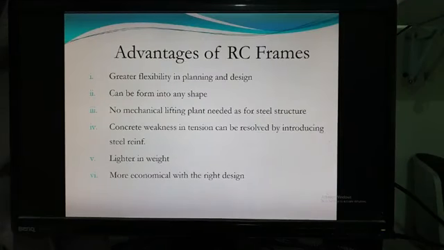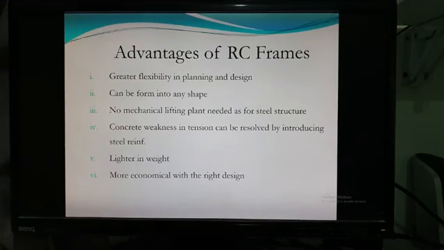So the advantages of using RC frames, we have greater flexibility in planning and design, because reinforced concrete comes in semi-liquid form.